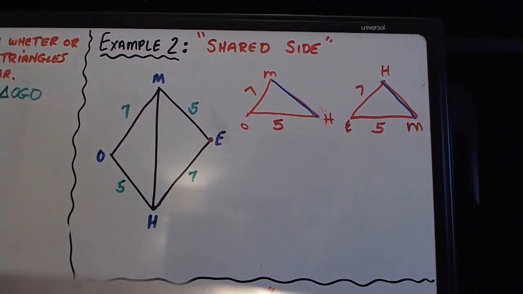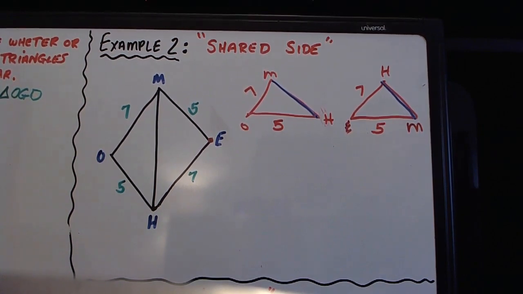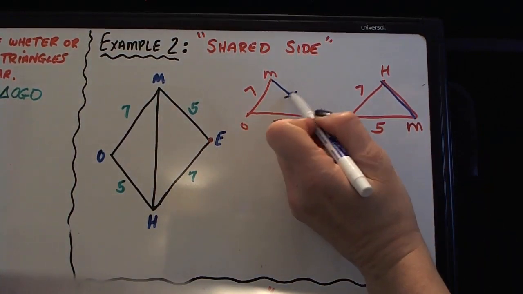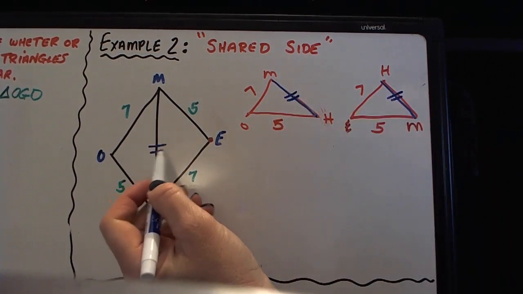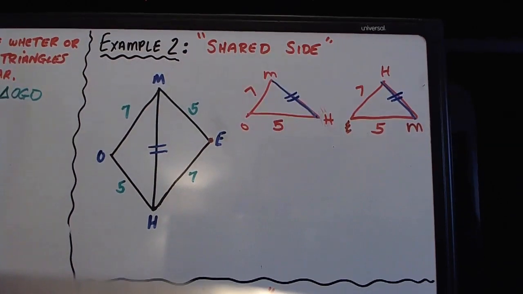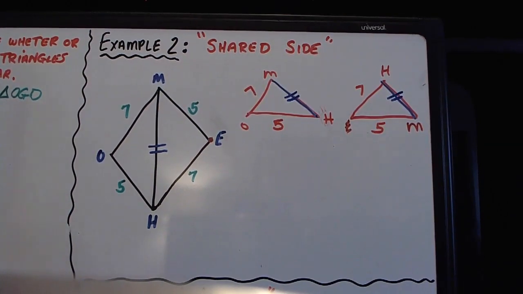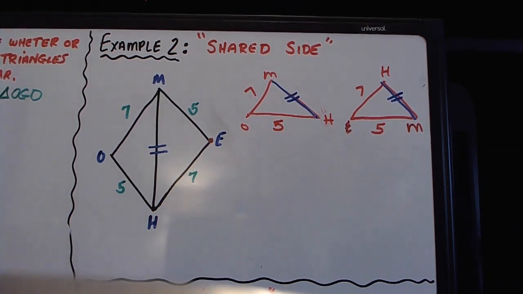We don't know what that length is necessarily, but what we do know is that it is the same as this one, because in the diagram it is a shared side length. It doesn't matter what it is numerically, we know that it is going to be the same in both triangles, so therefore we can say that the triangles are similar.